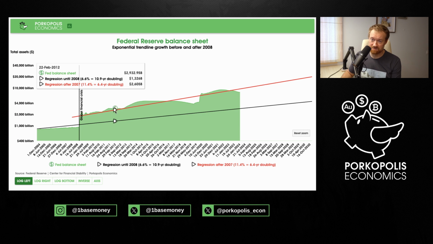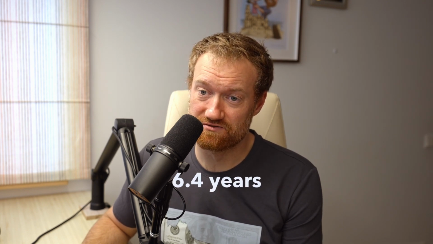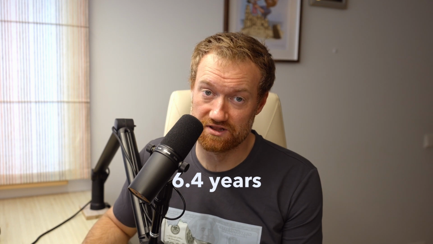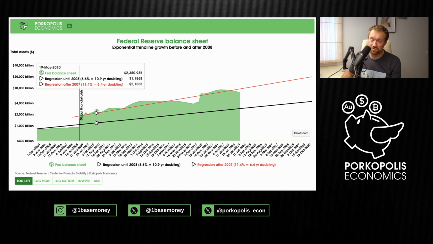Okay, that doubles every 10.9 years, your principal or balance sheet, as I said. The growth rate over the last 15, 16 years since the global financial crisis, it doubles at 6.4 years, or 11.4% per year. Almost double the growth of the all-time trend.